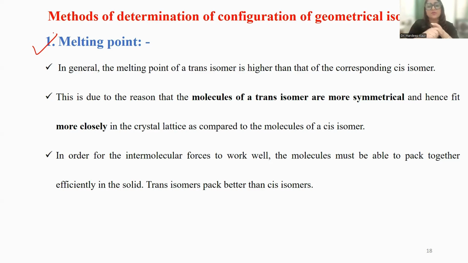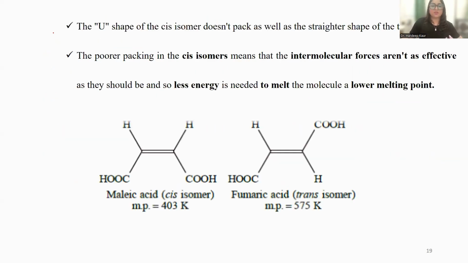In order for intermolecular forces to work well, molecules must be able to pack together efficiently in the solid. So trans isomers pack better than cis isomers. We can check that whichever has the higher melting point will be the trans one. Here you can check the example. This is maleic acid, which is cis, and its melting point is 403 Kelvin.